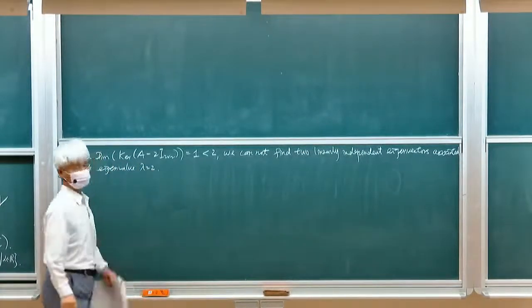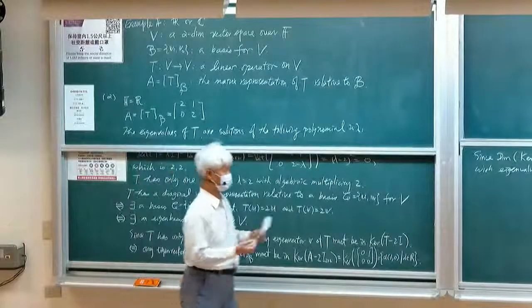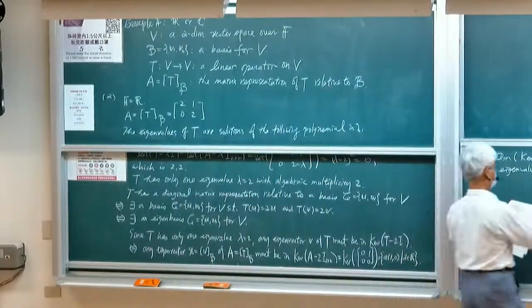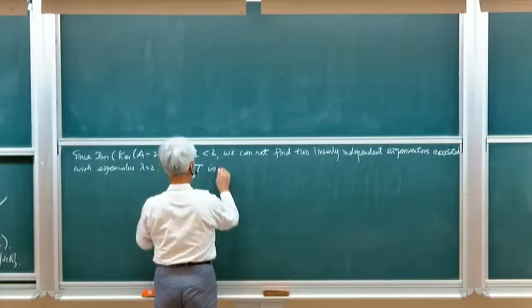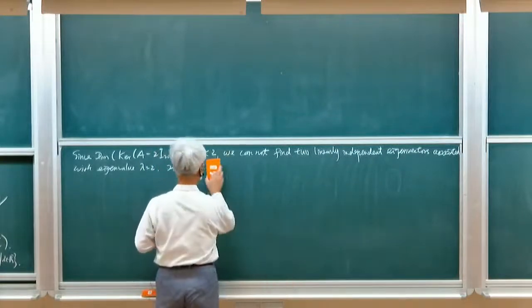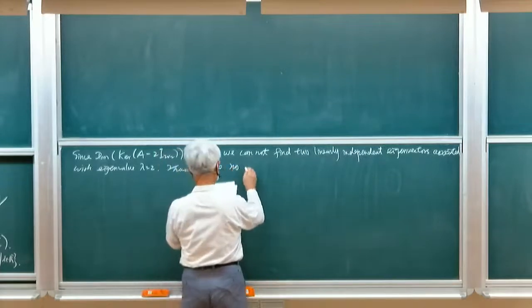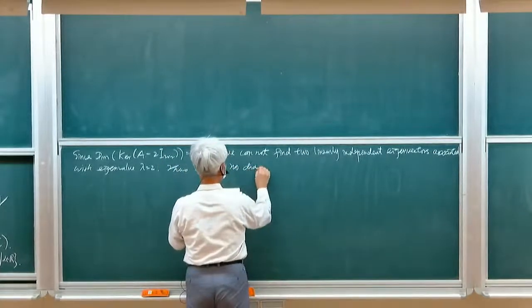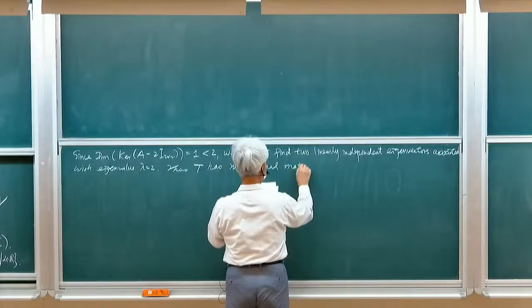So we cannot find an eigenbasis, and so T has no diagonal matrix representation.